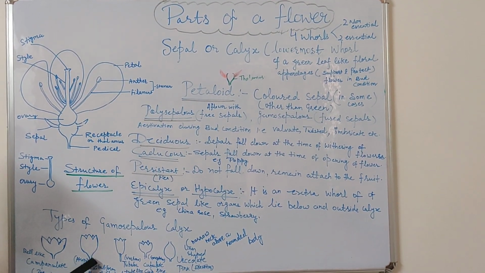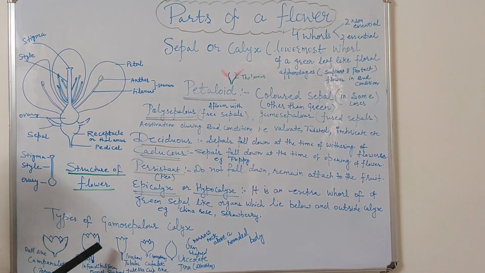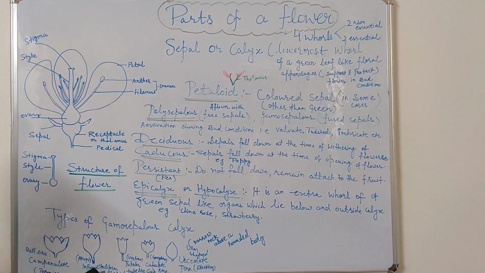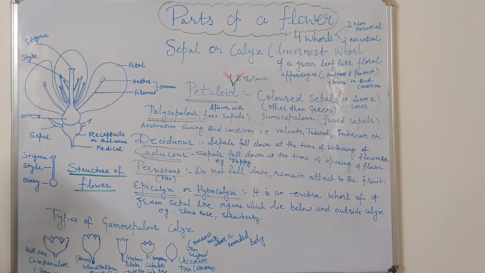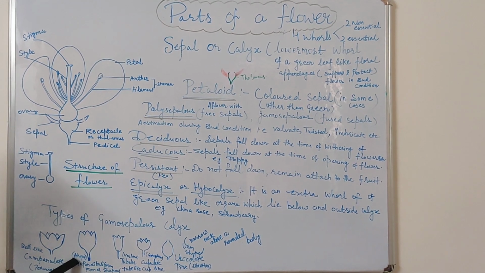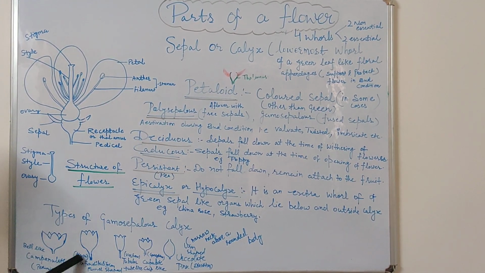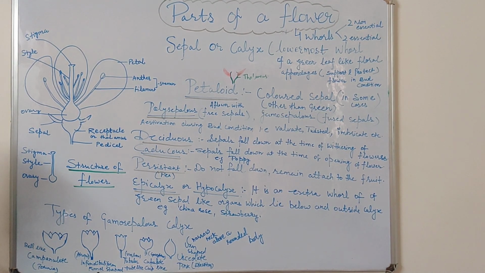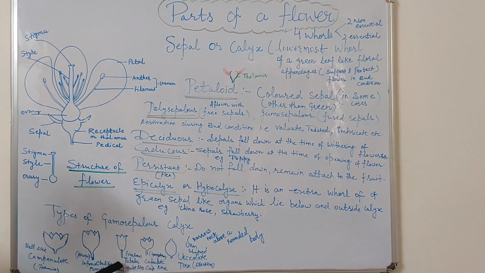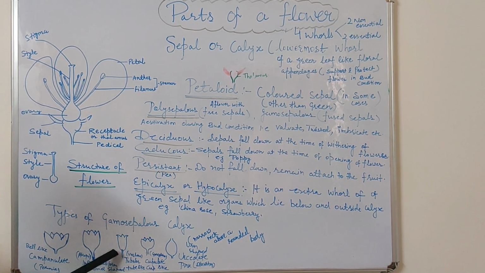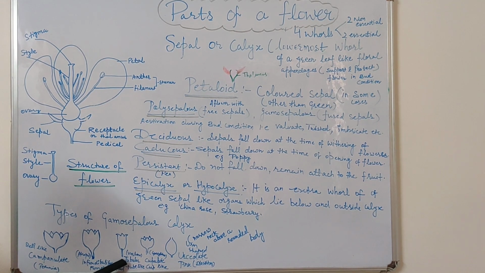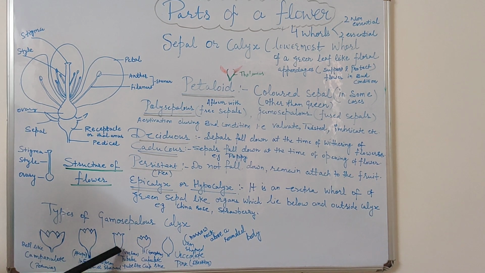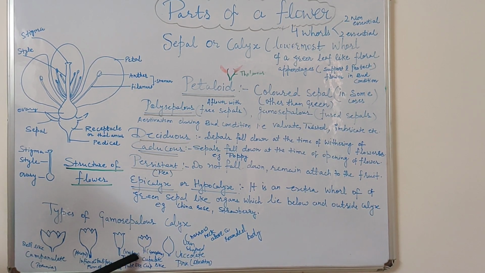Second, infundibuliform, where the shape is funnel shaped; we find this in atropa. The third type of gamosepalous calyx is tube shaped, which we call tubular. An example where it is present is verbena.